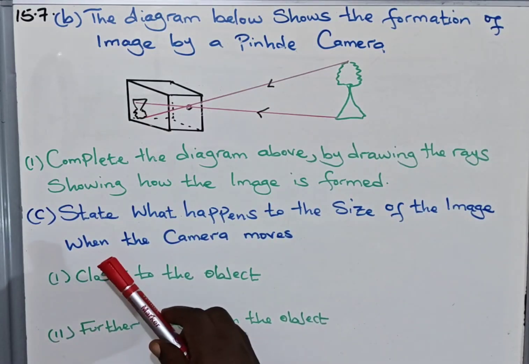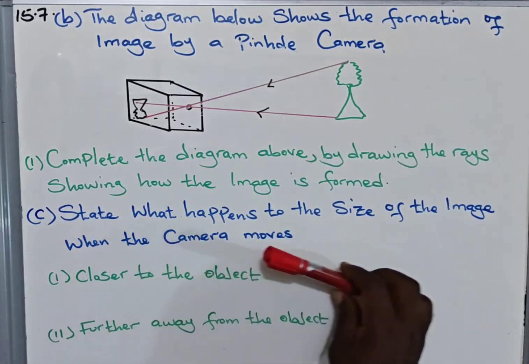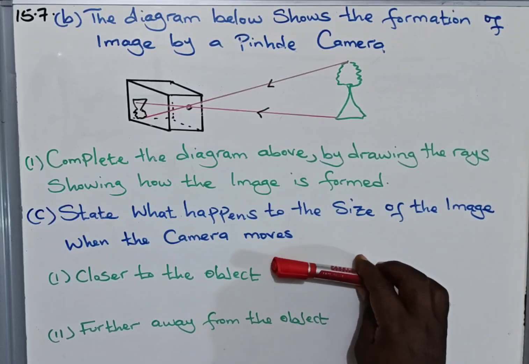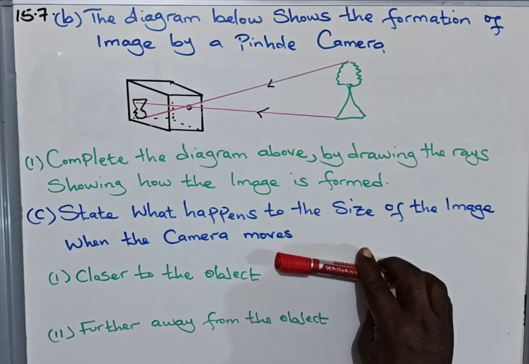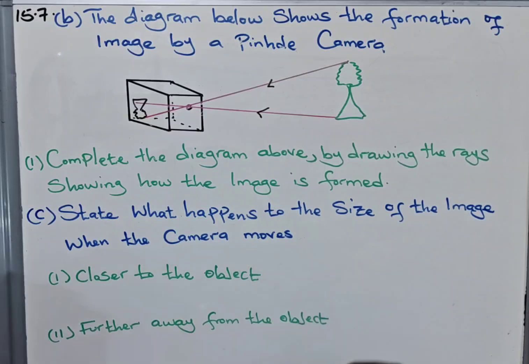Then we come to this question. It says state what happens to the size of the image when the camera moves closer to the object. What happens to the size of the image when you move the pinhole camera to the object?